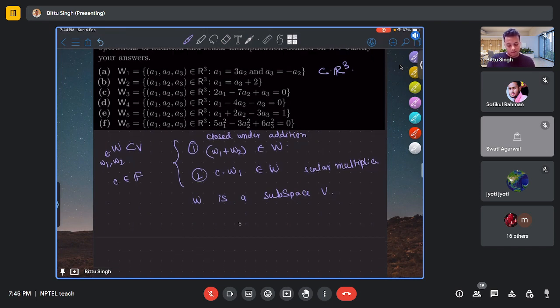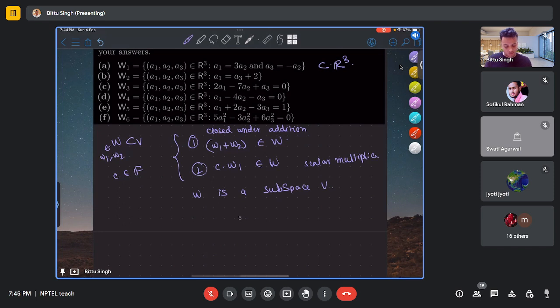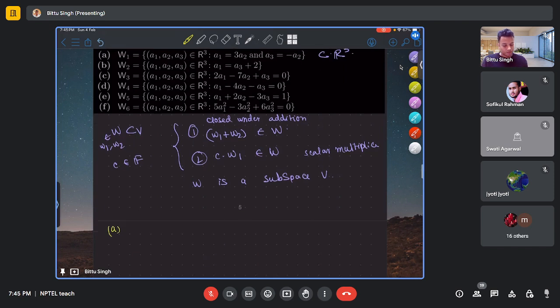For A, is W1 closed under addition and scalar multiplication? So take two elements, let A1, A2, A3.